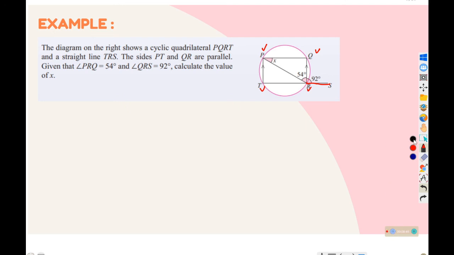So how do we solve this? First, the question gives that the lines are parallel.